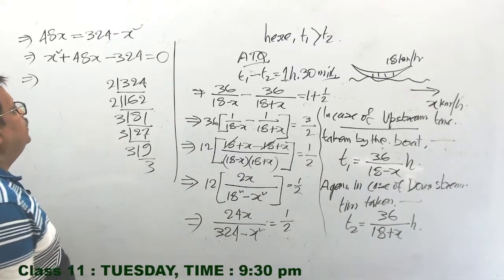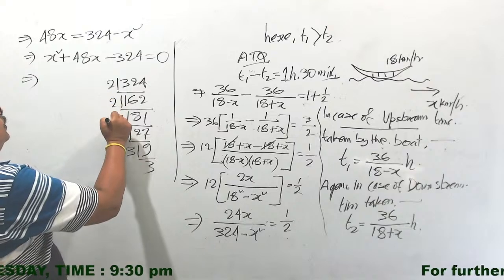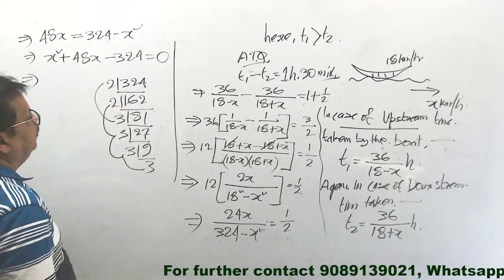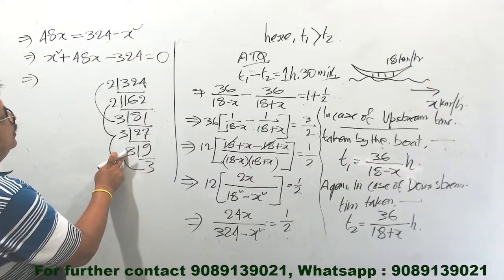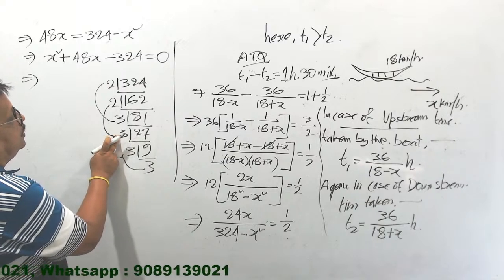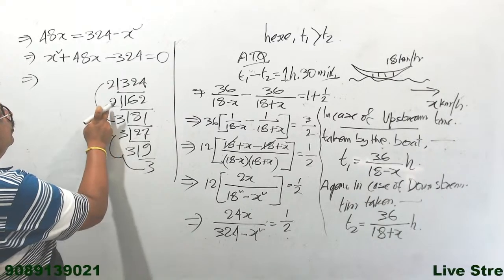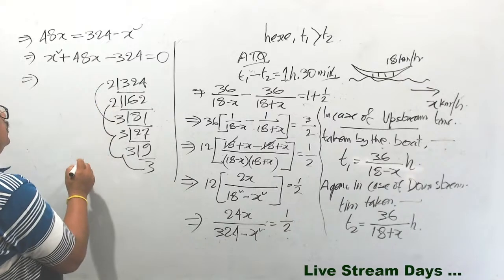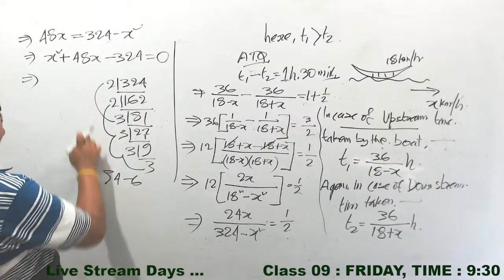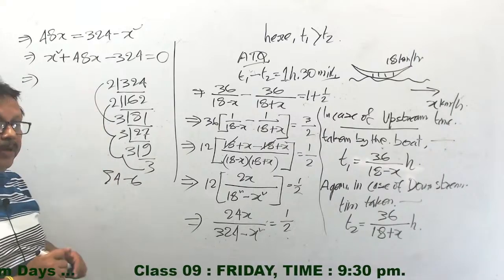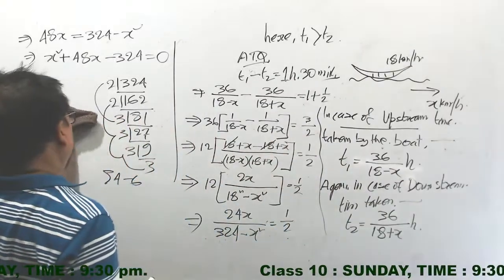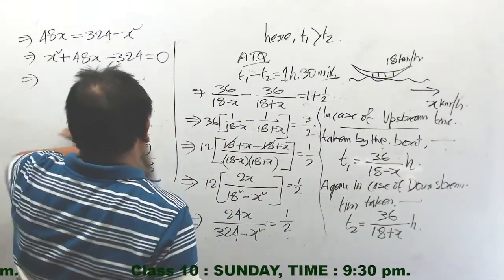How will you find? 3 2s are 6. Multiply. 3 3s are 9. 9 3s are 27, 2 27s are 54. 54 and 6. Is it? 54 minus 6 is equal to 48. You got 54 minus 6.